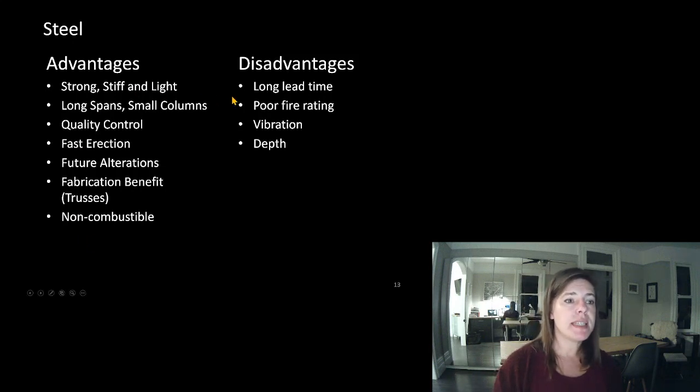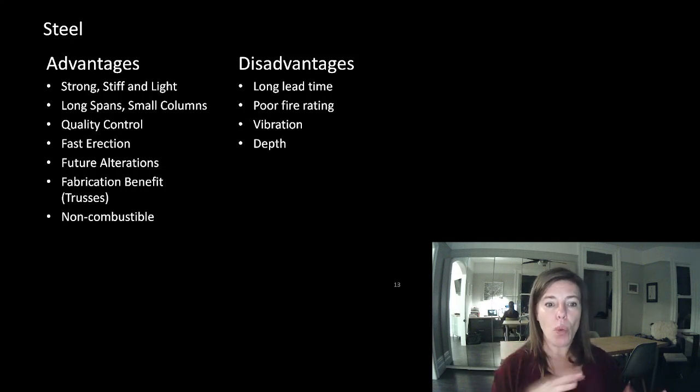Let's come over to disadvantages. I'll come to long lead time in a second. It has a poor fire rating. That means as much as it's not going to burn, it doesn't do well in fire. Steel, when it's exposed to high heat, actually loses its strength properties, so it's not as strong as it was.